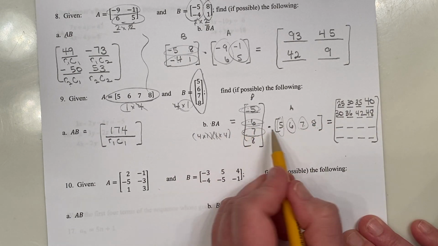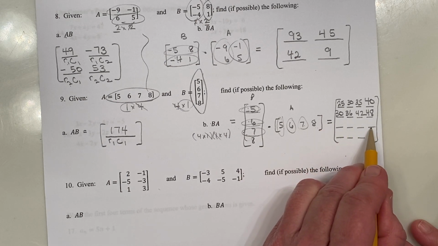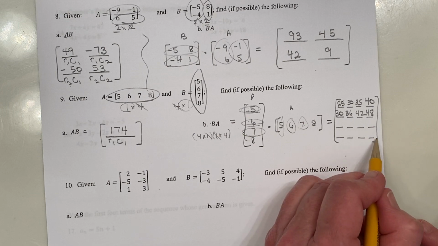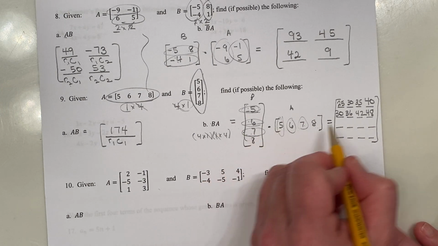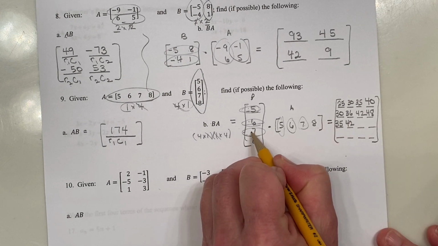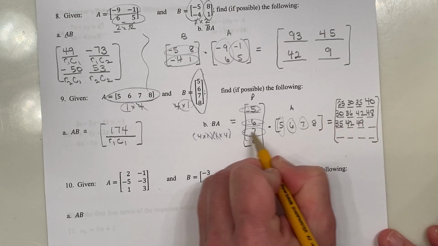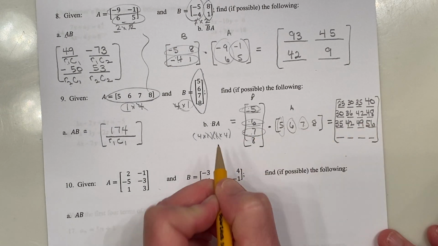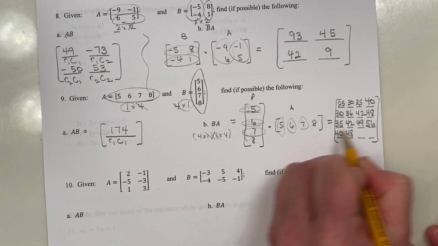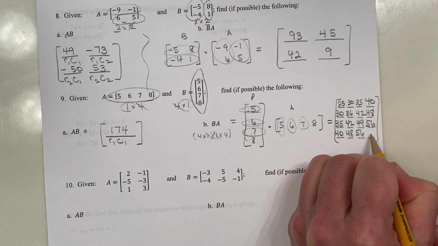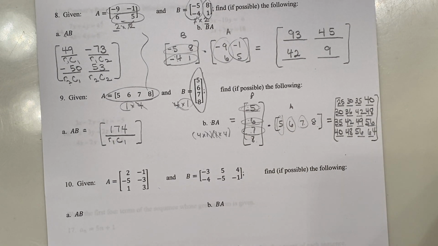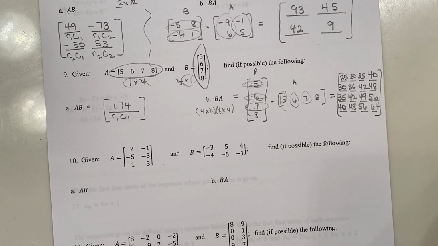We'll drop down and multiply 7 times each of these numbers, populating that row, and then we'll drop down and multiply 8 times each of these numbers to populate that row. Kind of tedious, but not altogether difficult.